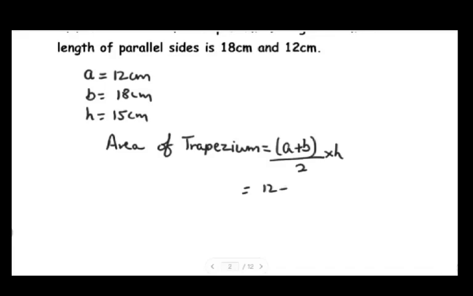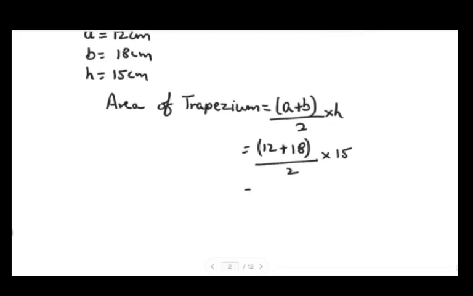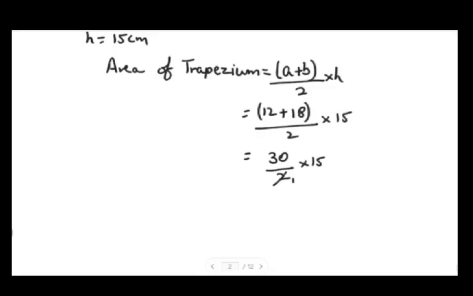A is 12, B is 18, upon 2, height is 15. 12 plus 18 is 30. 30 upon 2 into 15. 2 ones are 2, 2 fifteens are 30. 15 into 15, 225 centimeters square.